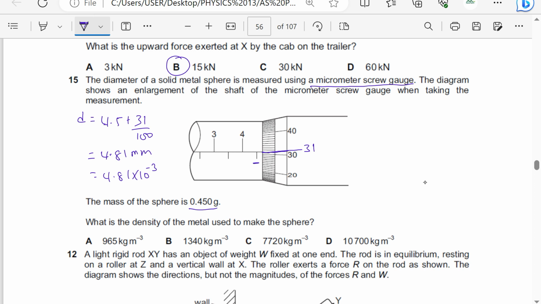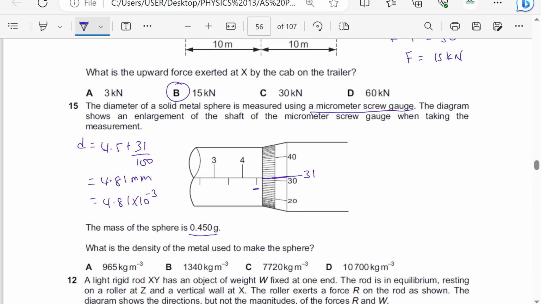So let's check the density, since density is mass over volume. So density is going to be mass divided by volume. And remember, it is a metal sphere. The volume of a sphere is going to be 4/3 pi r cubed.